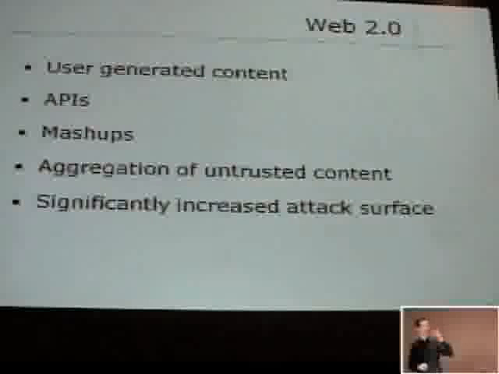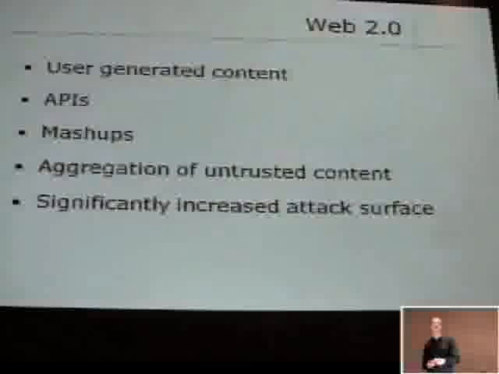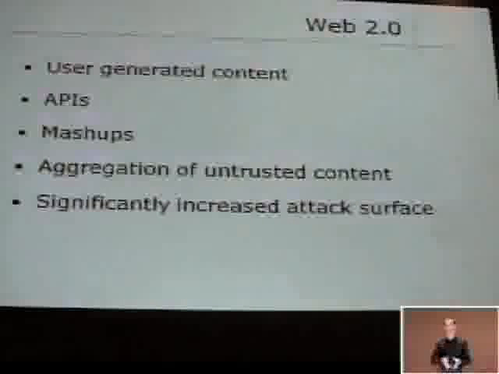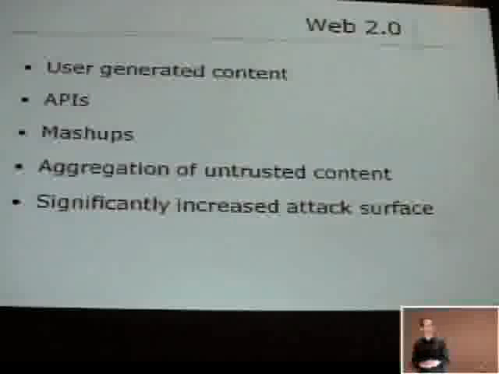And the main point is that because of this aggregation and the distributed nature of these applications, you have a significantly increased attack surface compared to the traditional websites that contain nothing but HTML and you throw it up on GeoCities, and there is no real big risk. These new architectures are a lot more interesting to break.